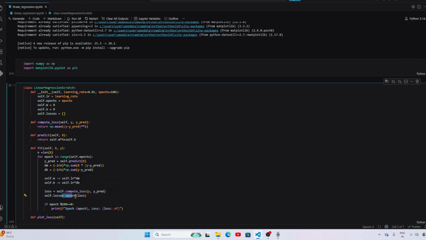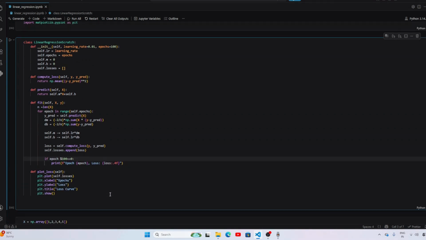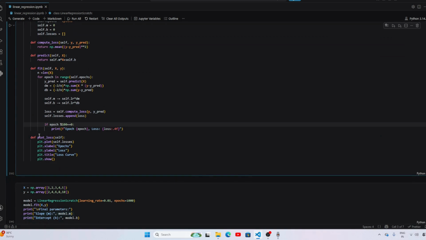After every 100 epochs, we are printing the epoch value and the loss value. Now we write the function to visualize the losses. Here x is epochs and y is loss.